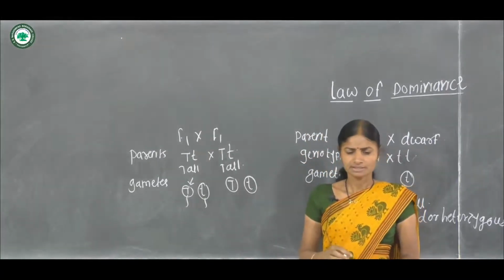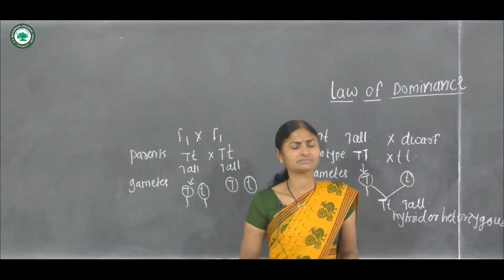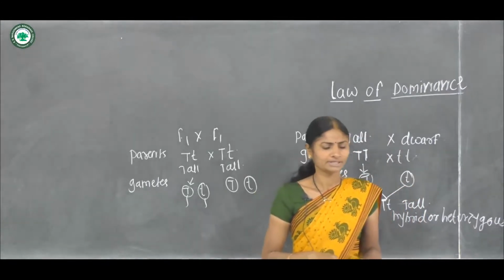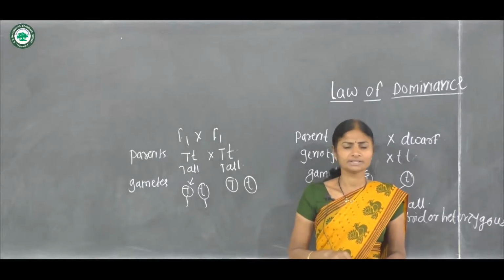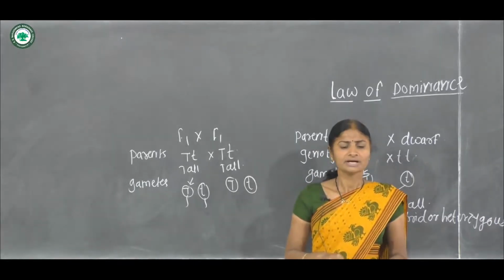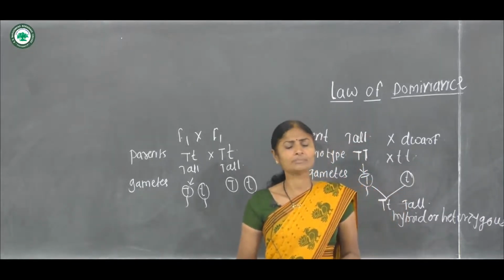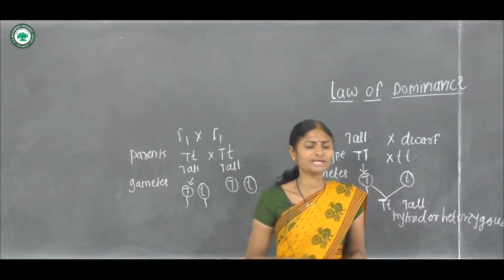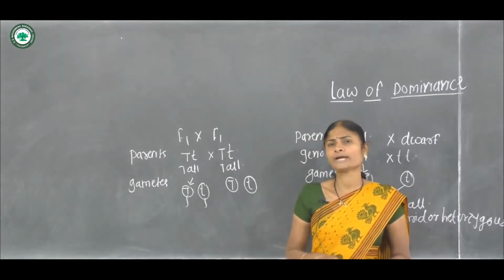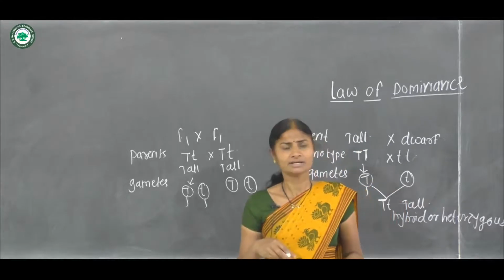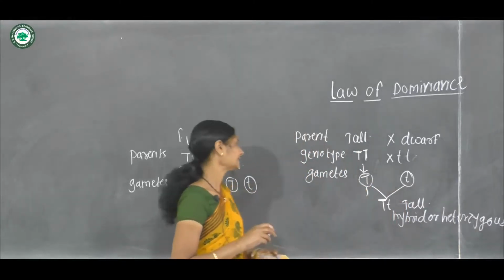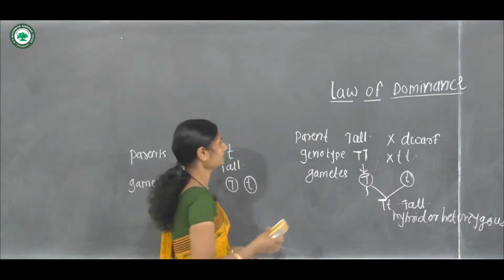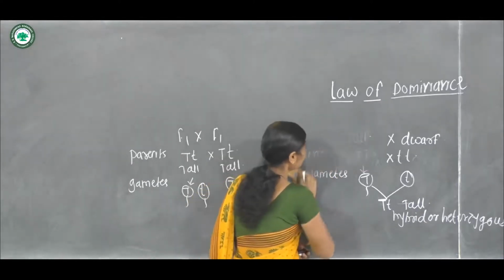When these gametes combine in the F2 generation, both tall and dwarf plants appear. This is easily illustrated with a Punnett square. The Punnett square is used to help solve genetic problems. These gametes are entered in the Punnett square.